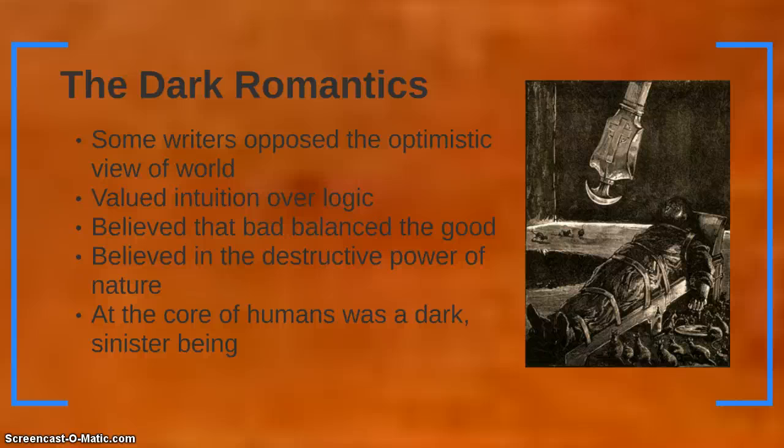And of course, the most famous of the dark romantics is Edgar Allan Poe, who's very apropos for October. Nathaniel Hawthorne is a dark romantic. The Scarlet Letter is actually a perfect example of dark romanticism, if you think about how he focused on the bad, right?